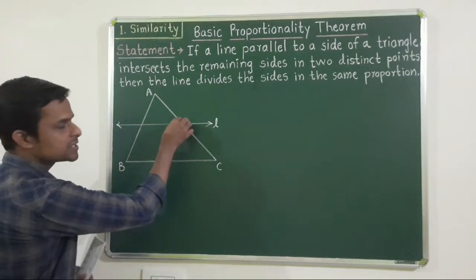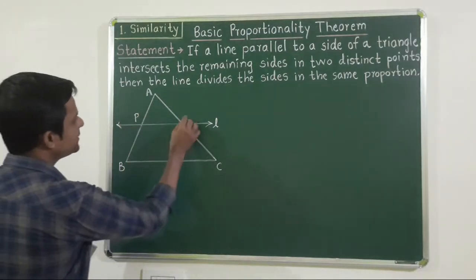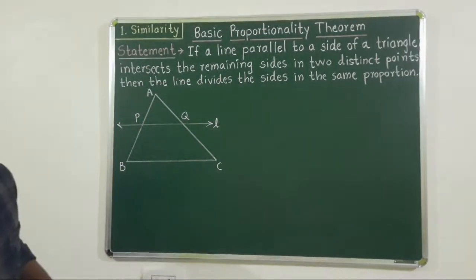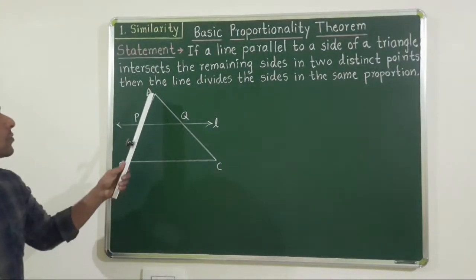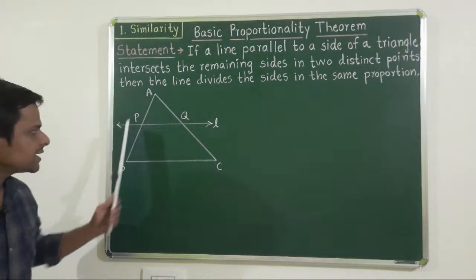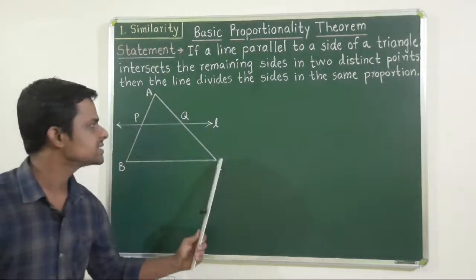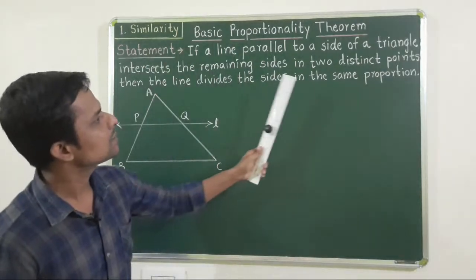Suppose these two points are P and Q, or we can take D and E also. In your textbook it is P and Q, therefore I have taken P and Q. Line L intersects side AB at P and side AC at point Q. This is about the diagram.